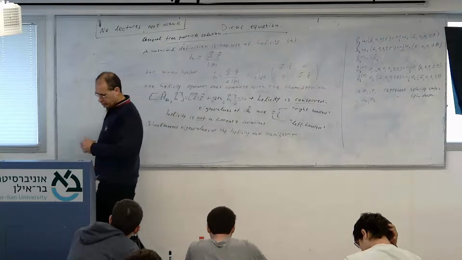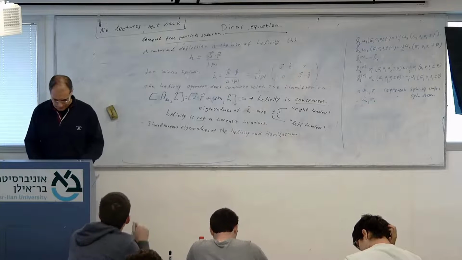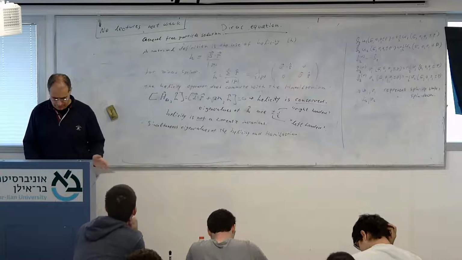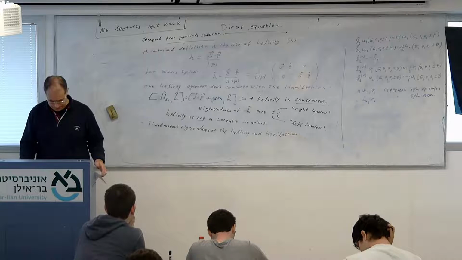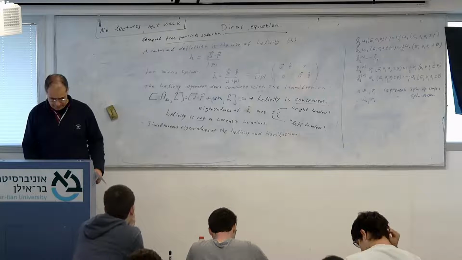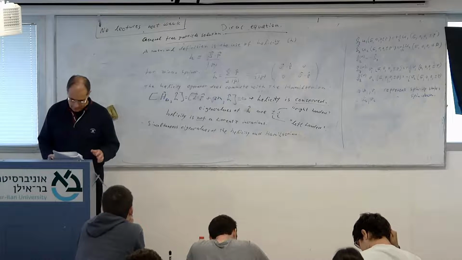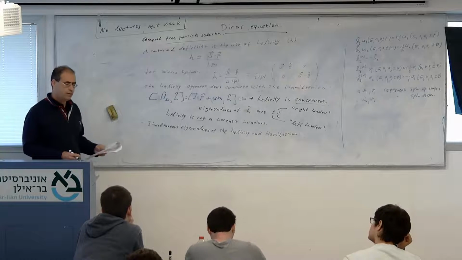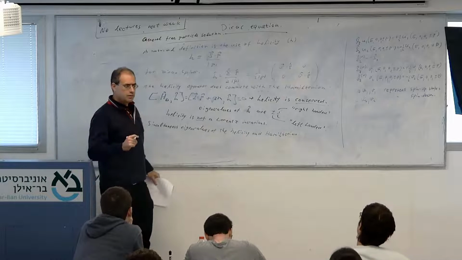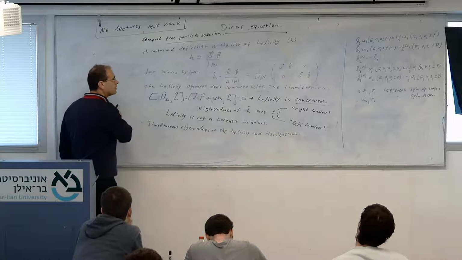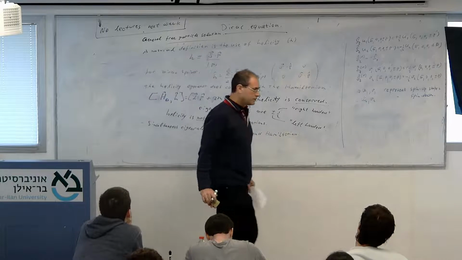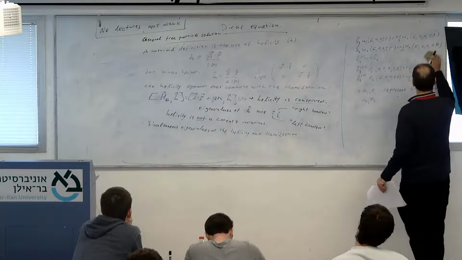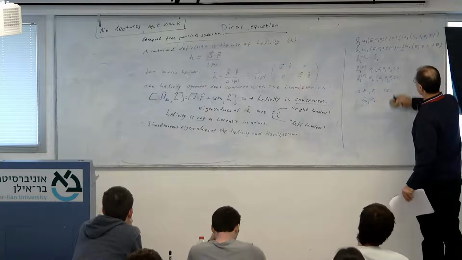There is a derivation which will take 15 minutes, but I don't think there is too much physics here. It's more math, so you know what, I'm just going to skip that. It will be in my lecture notes, which I will put on the course's webpage once I make sure that they are free of mistakes, the ones that I can find.